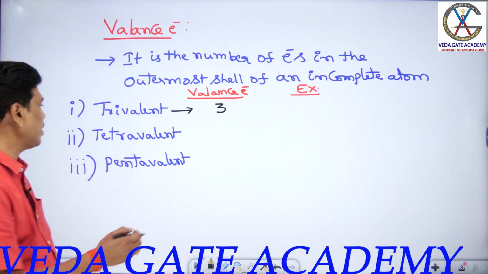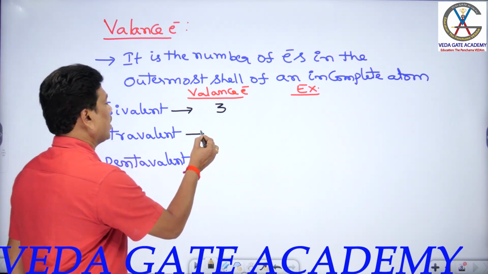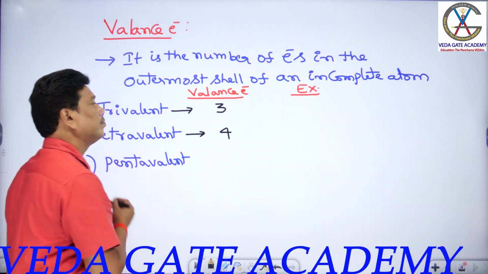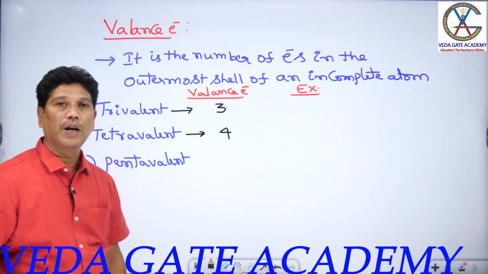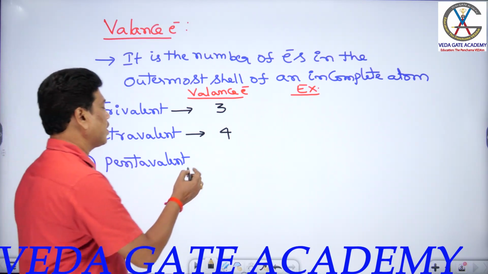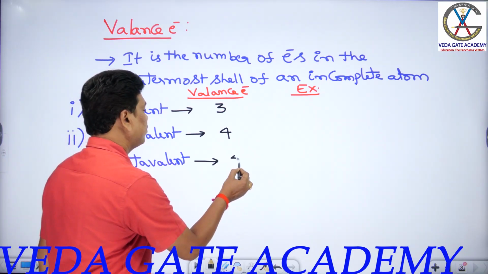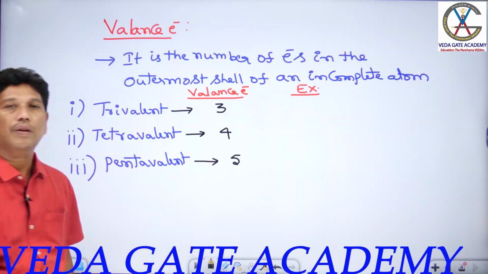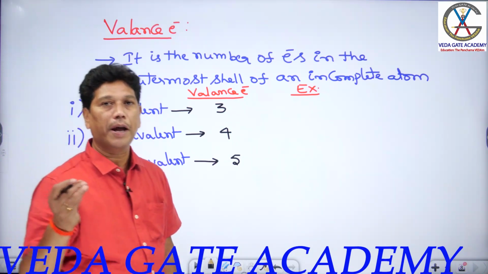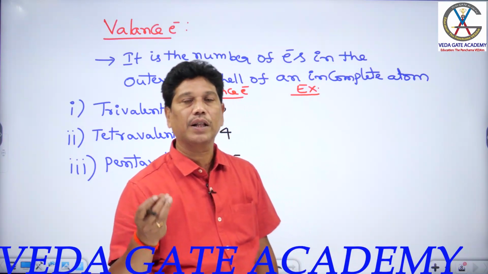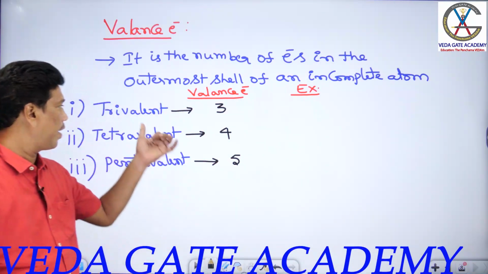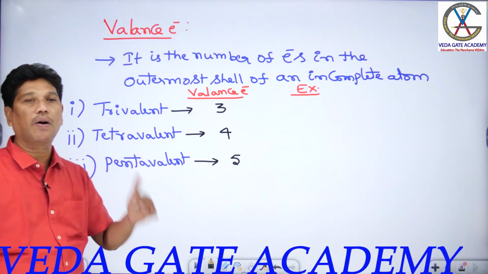If I go for tetravalent, how many electrons are there in its outermost shell? It is 4. If I go for pentavalent, how many electrons are there in its outermost shell? It is 5. Got it now? So depending on the number of valence electrons, I can classify the atoms as trivalent, tetravalent, pentavalent.